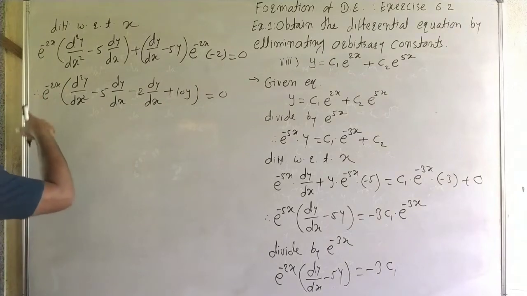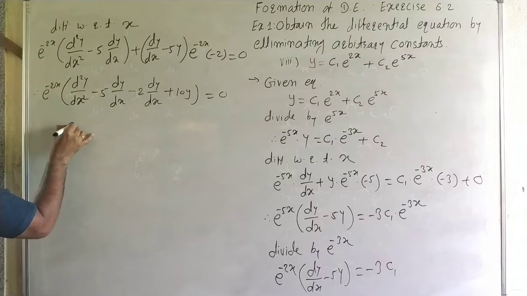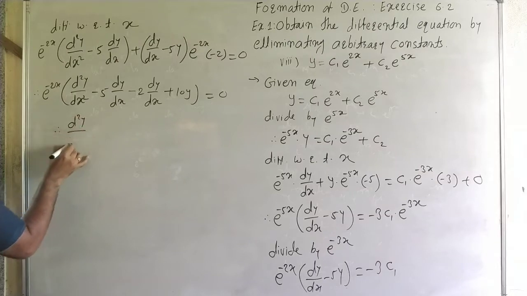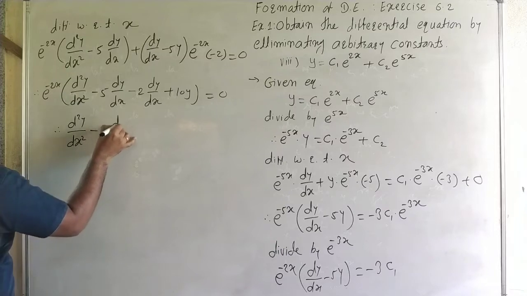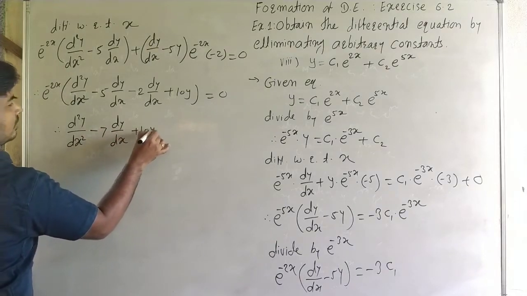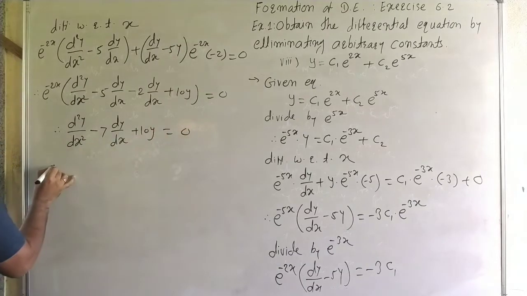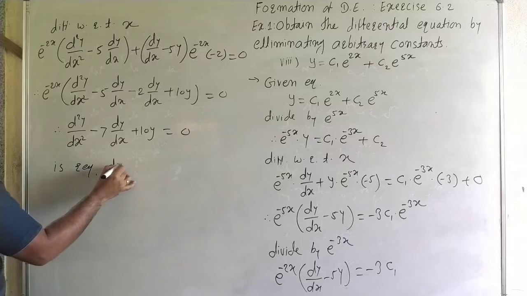Then e to the power minus 2x we take to the RHS, it will be 0. So d2y by dx2 minus 7 dy by dx plus 10y is equal to 0 is our required differential equation.